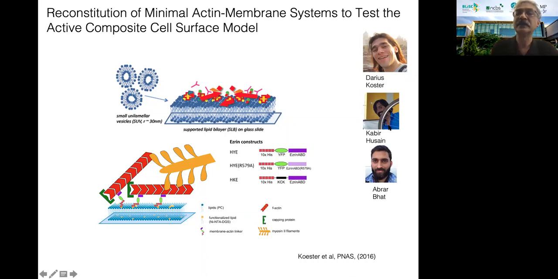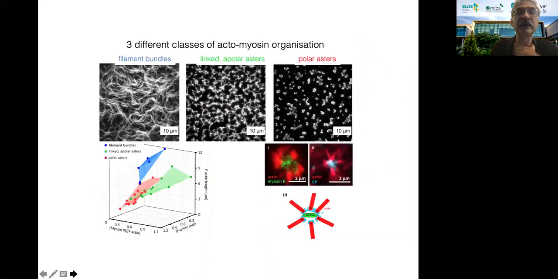And here Darius, working with Kabir and Abrar, reconstituted a contractile actomyosin machinery on the surface of a bilayer where they had actin elements that could be recruited. And what they saw were these beautiful patterns.